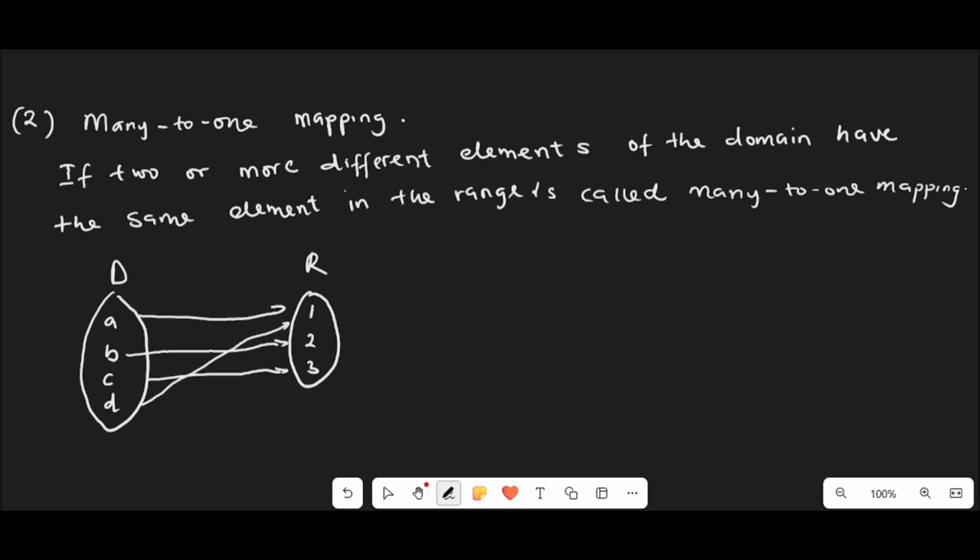You can see that 2 elements in the domain, A and D, are mapped with 1 element in the range, which is 1. So this one is many-to-one mapping.